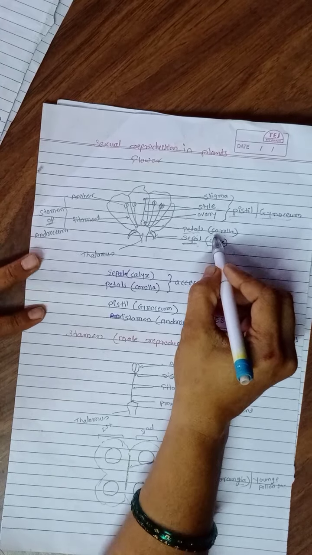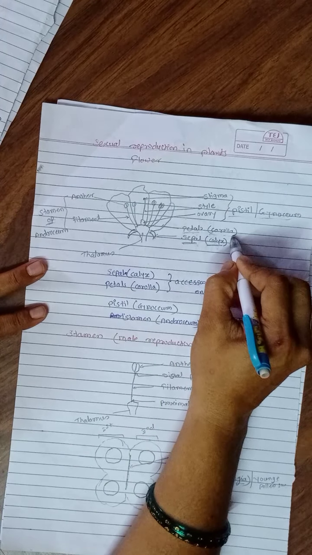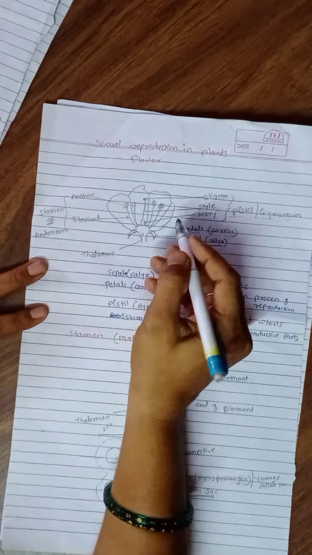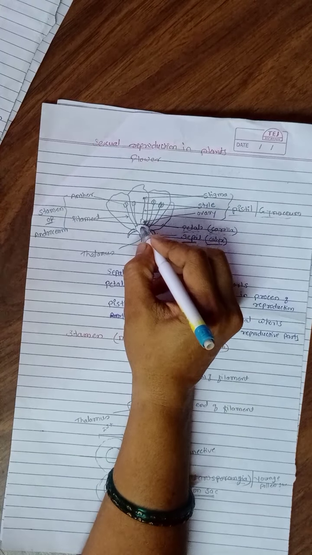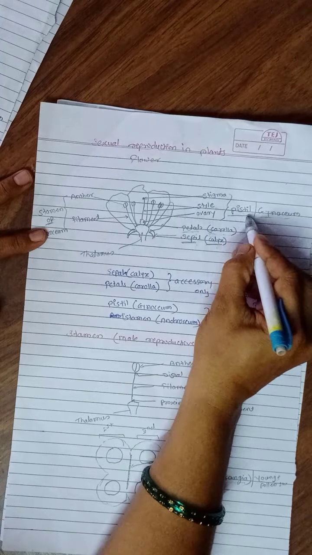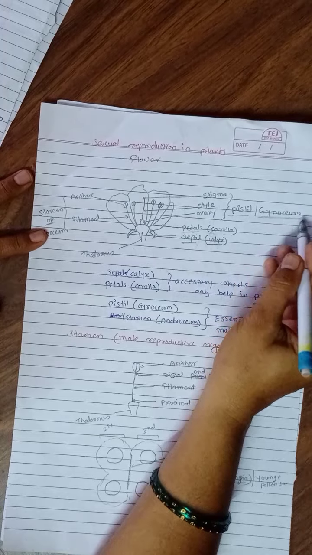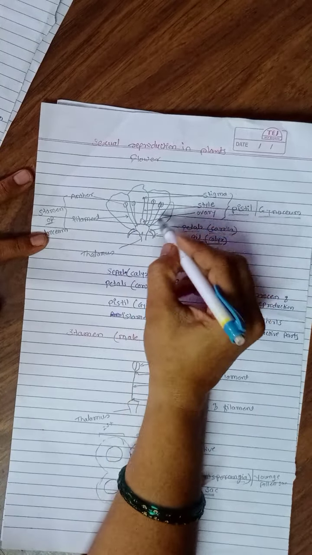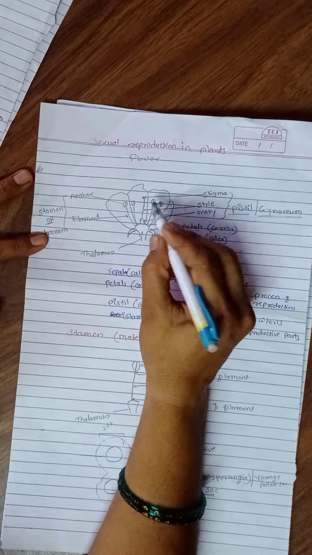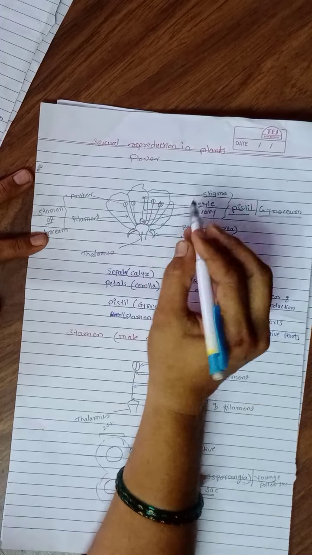The corolla is attractive in color and its function is to attract insects for pollination. Then the innermost whorl is the pistil, also known as the gynoecium or female reproductive organ. It consists of 3 parts. This swollen part is the ovary, which consists of ovules.